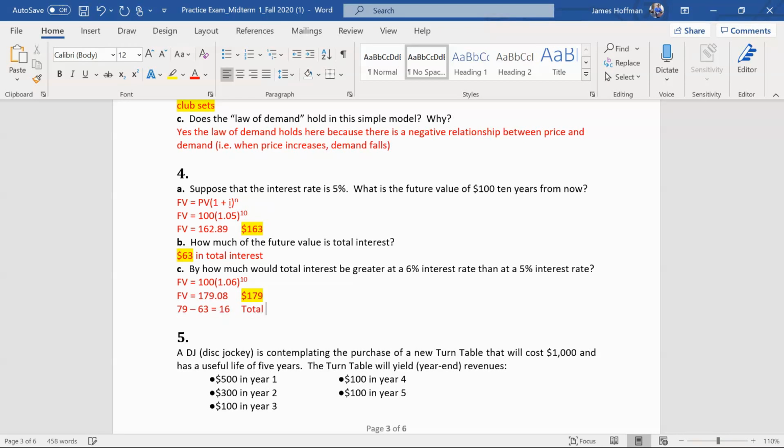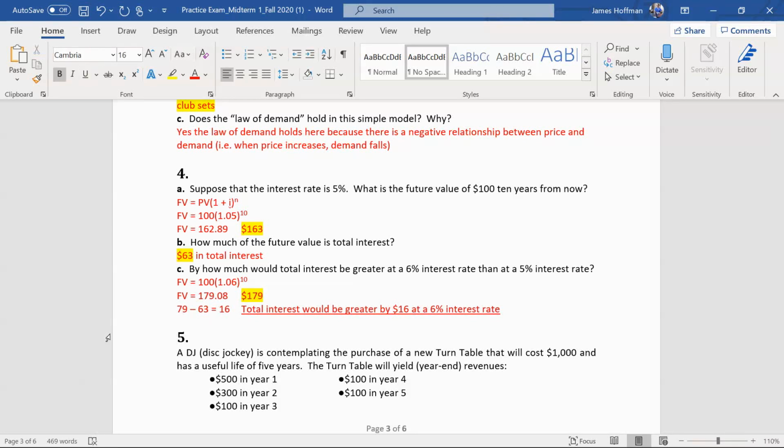Okay, so alright, so total interest will be greater by $16 at a 6% interest rate.